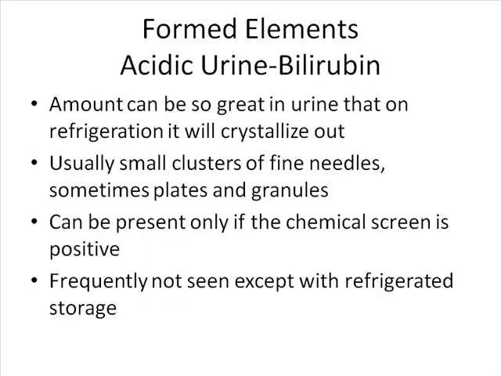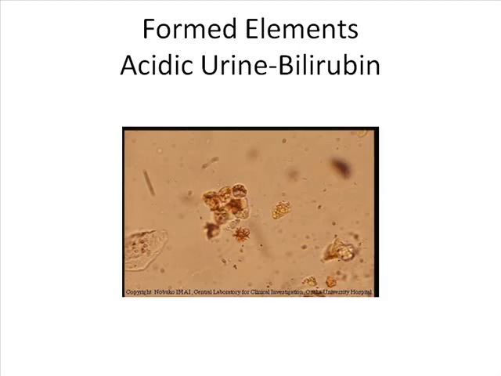All right, now bilirubin. Bilirubin is very unusual to see unless that urine sits and the patient has bilirubin in their urine. Remember, on the chemical, you're going to see a positive on the chemical. Don't think you have a bilirubin crystal if chemically it's not there. All right, bilirubin crystals are here.